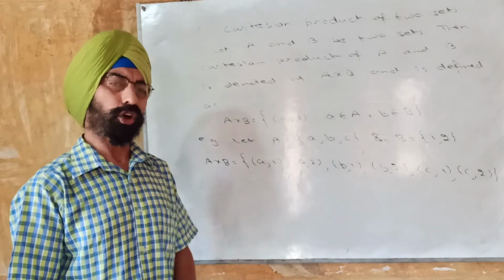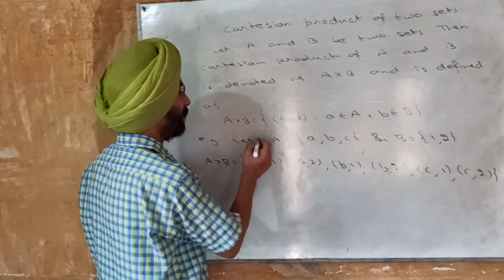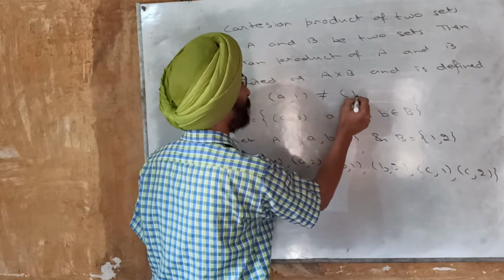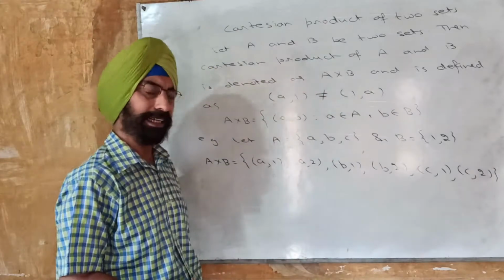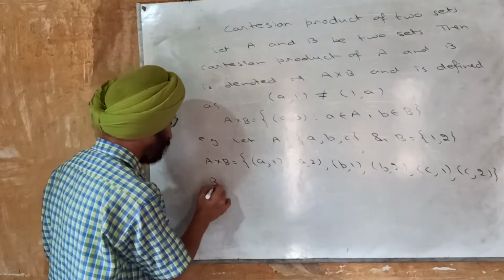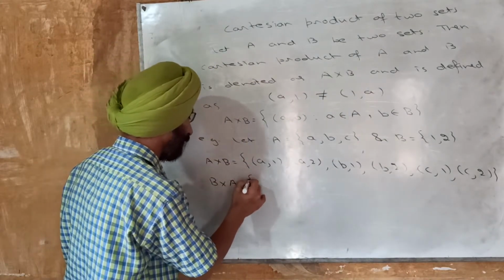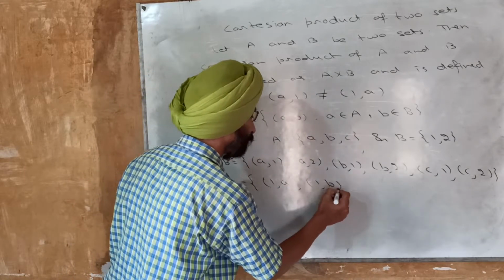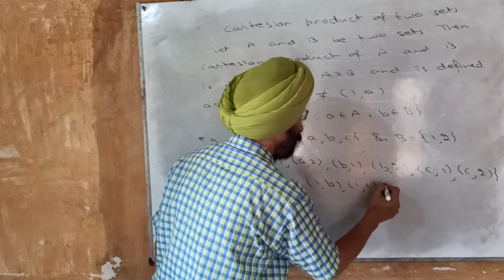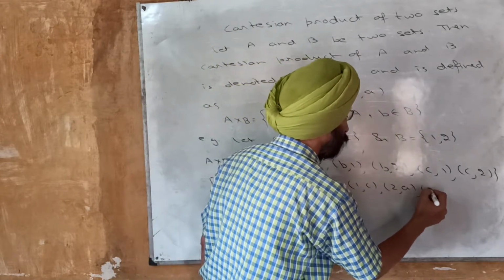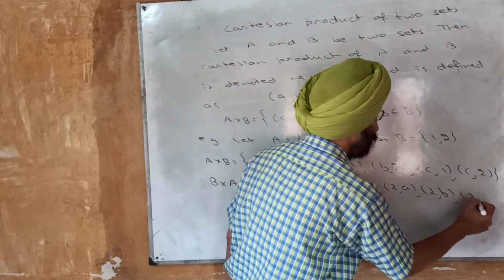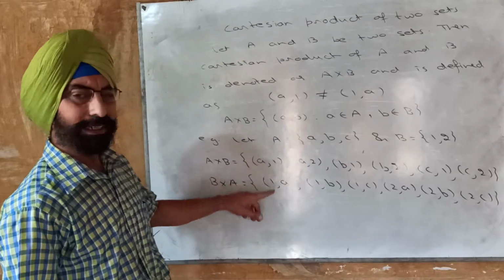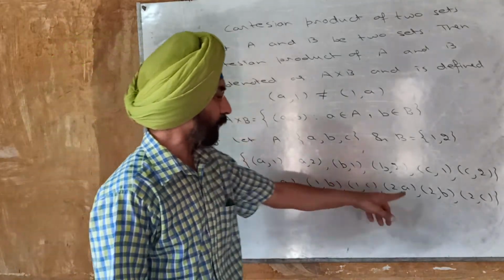One thing not to be confused, the ordered pair (a, 1) is not the same as the ordered pair (1, a), because when you write B cross A, then members will be (1, a), (1, b), (1, c), (2, a), (2, b) and (2, c). Here (1, a) and (a, 1) are not the same. (a, 2) and (2, a) are not the same.